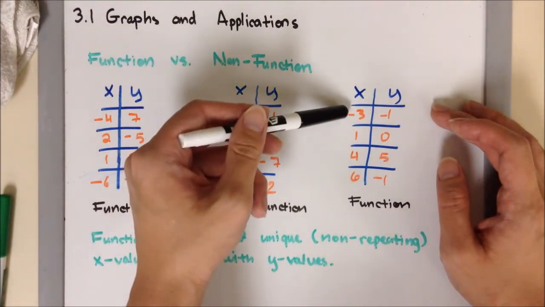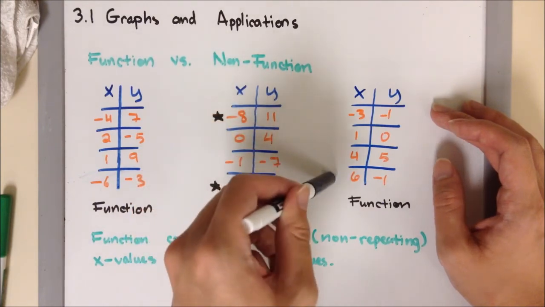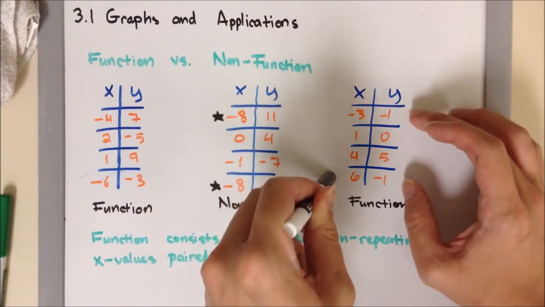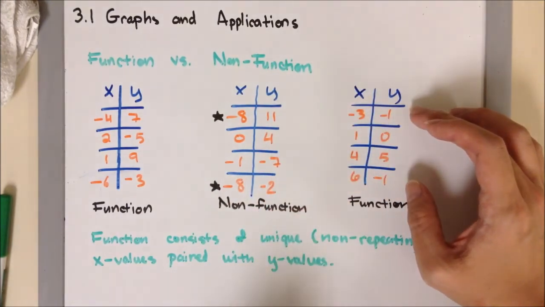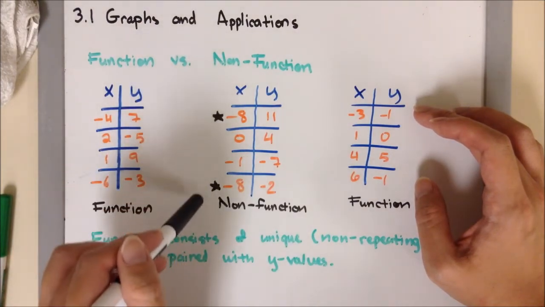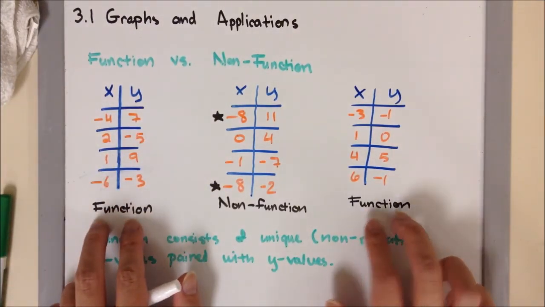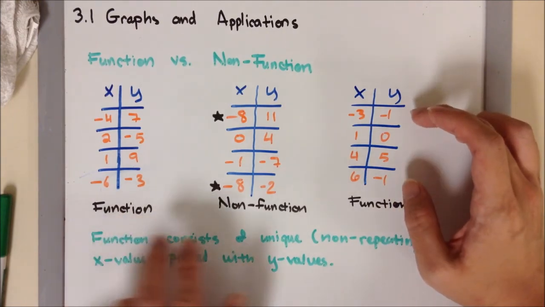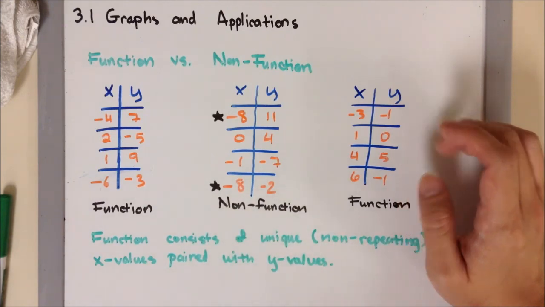If you take a look at the x values here, they're all unique, none of them repeats, so it's okay for different x values to have the same y values. As long as there are no repeating x values, it would be considered a function, even though you have repeating y values. If there are repeating x values in a table, then it would be considered a non-function.